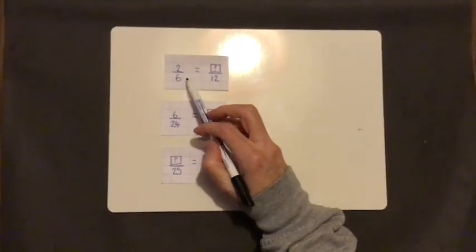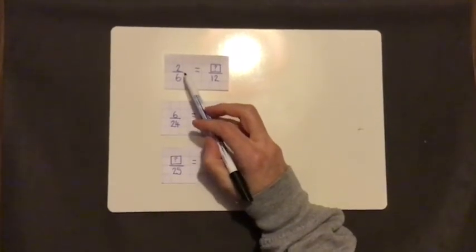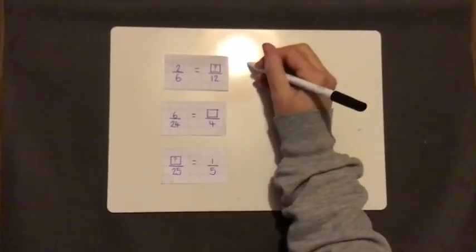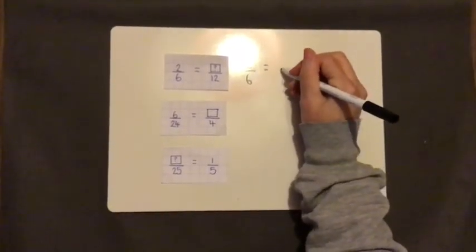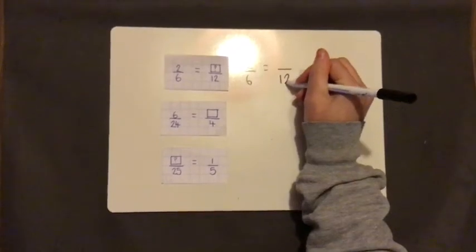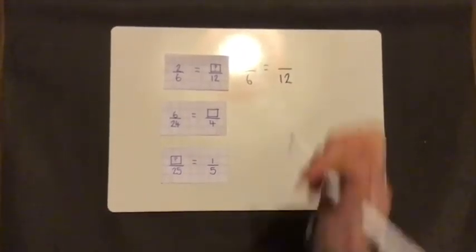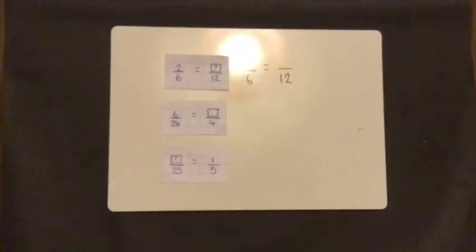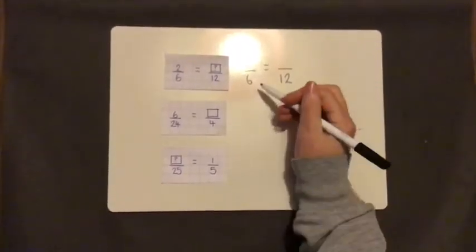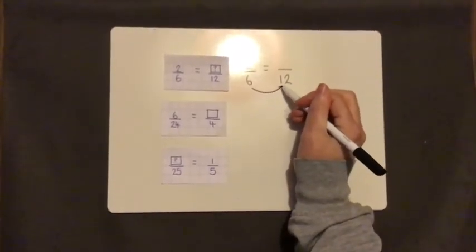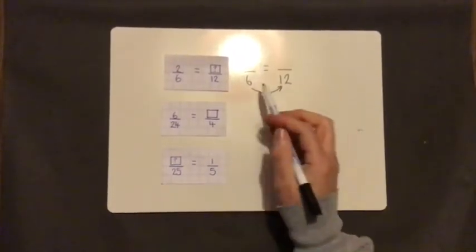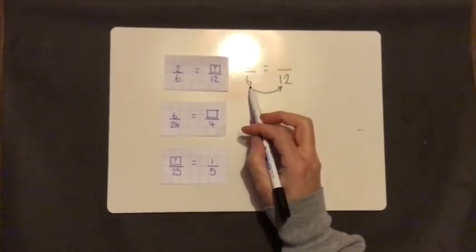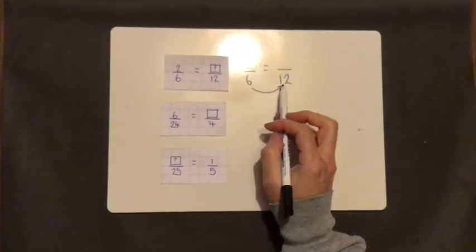So, in this first one, we've got 2/6 is equal to something 12ths, and we need to find out what that something is, what that missing numerator is. So we're going to use 6 and 12, the denominators, to help us out. We need to think about, well, how can we turn 6ths into 12ths?